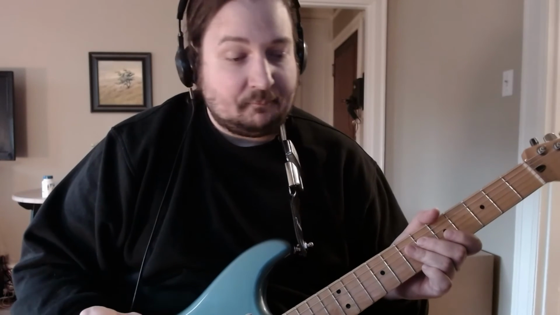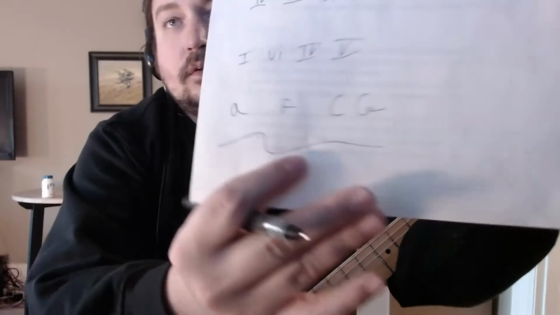And this also works for the number system. So if someone hands you a chart that says A minor, F major, C major, G, and you recognize this is A minor, how do I write this in major?